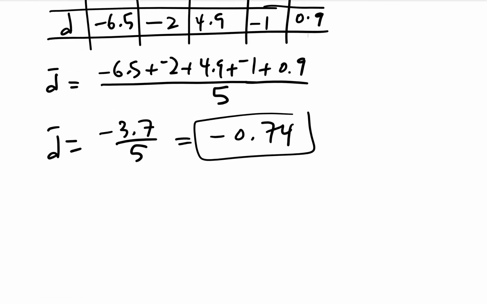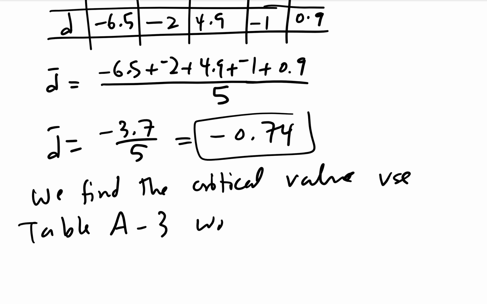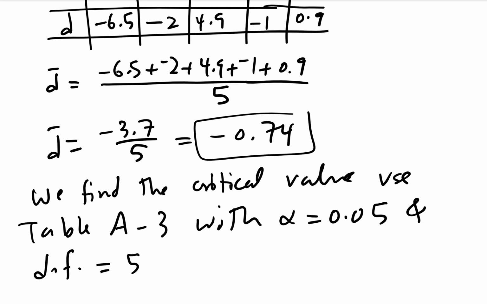Next, so we found the test statistic. Now we find the critical value. Critical value using table A3 with alpha given 0.05 and the degrees of freedom 5 minus 1, 4 values.